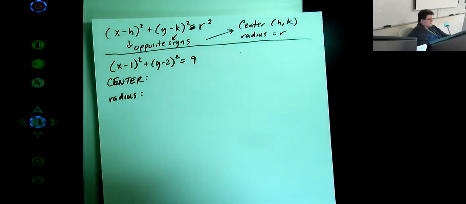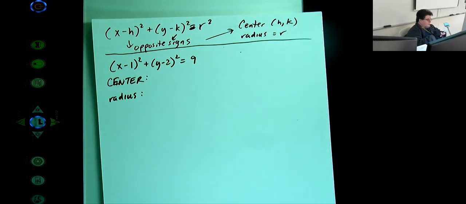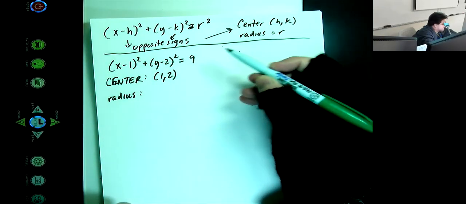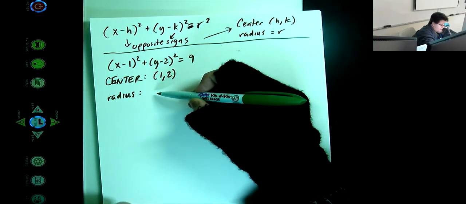So what'd you guys get for the center? It's (1, 2). And the radius? 3.